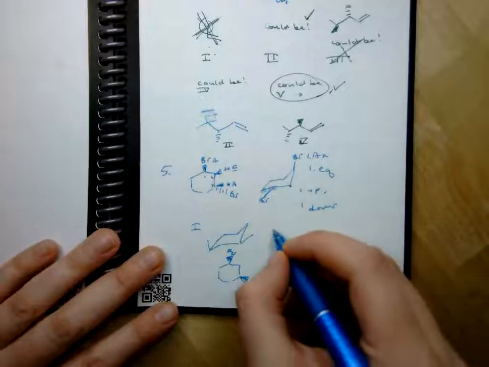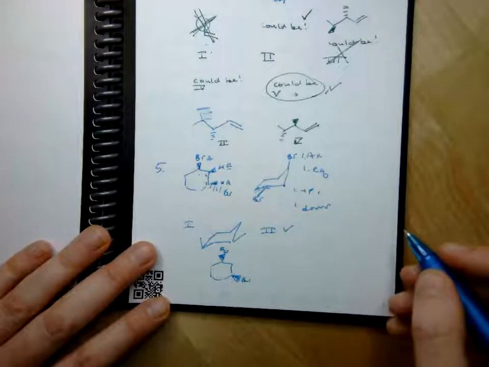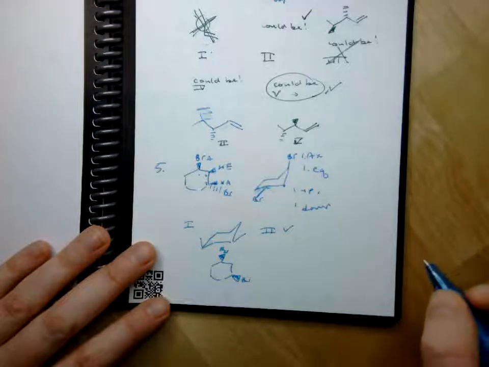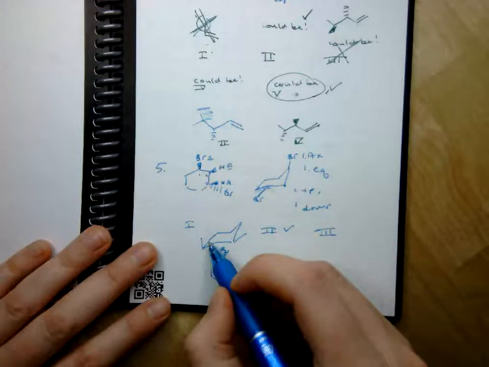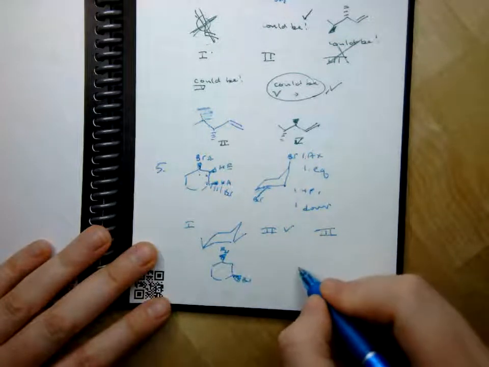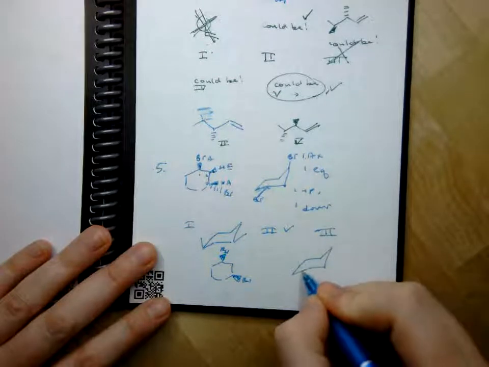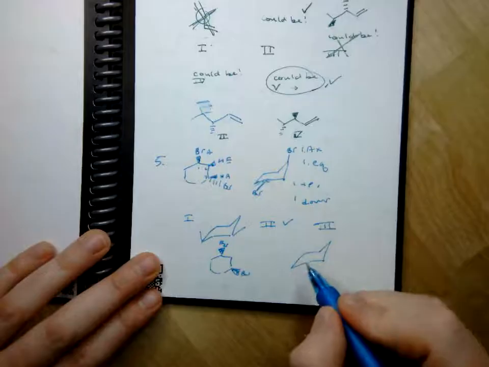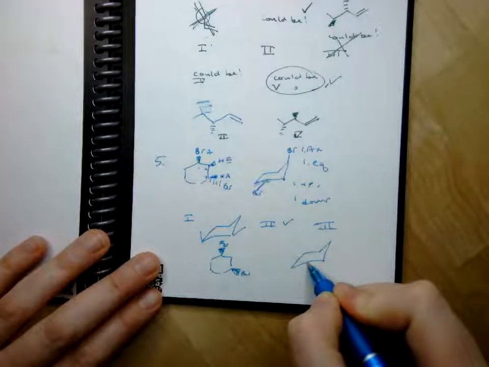So 2 actually looks like a good option. And then 3 also looks like a good option. One's axial and one's equatorial. So 3, it does move around a little bit. They have the one that's pointing down. Let's see.